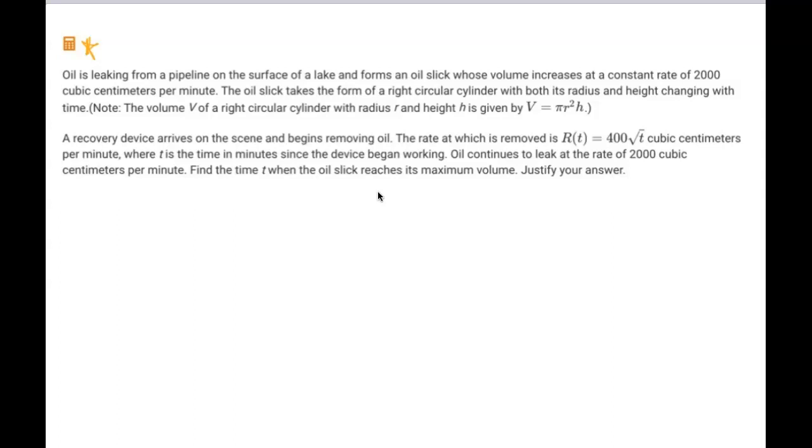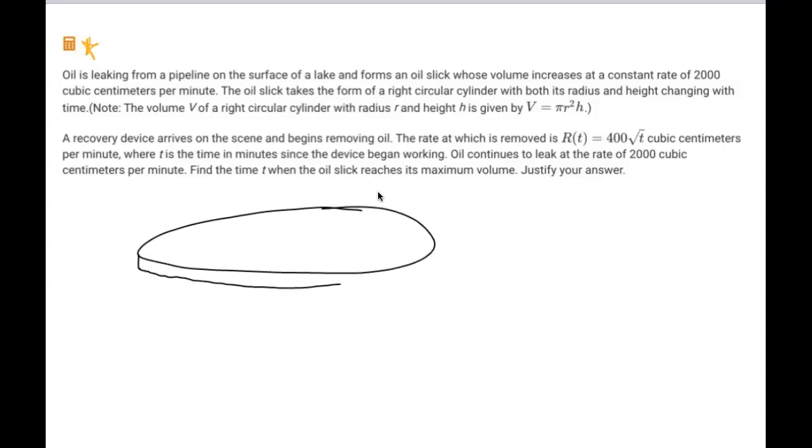So we have our big oil slick here, and it's not just, it has thickness, right? Even though oil will sit on top of the water, it'll be super thin height, but it will have thickness. Therefore, it's a cylinder, not just a flat circle.